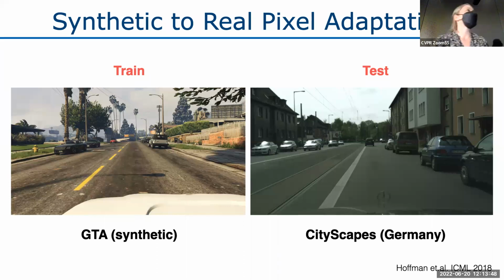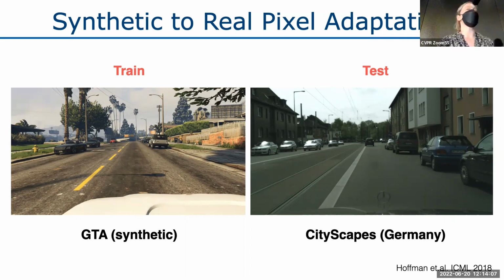But there is a gap between simulated data and real data. So one thing that we have to take into account is that any performance that we evaluate on our system in simulation needs to be considered if the system is to be used out of the box on real data.